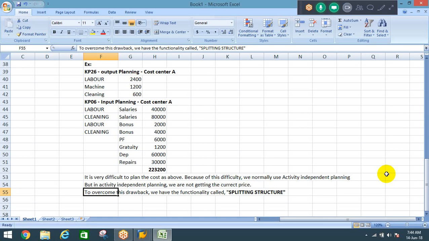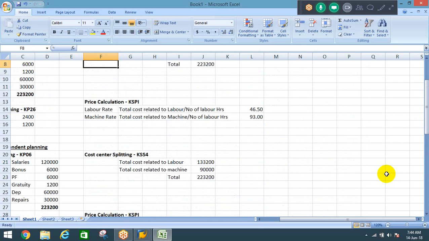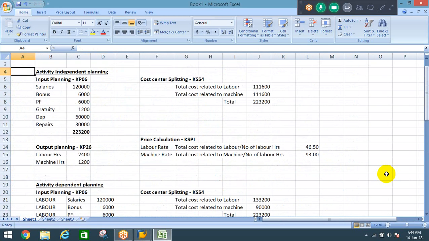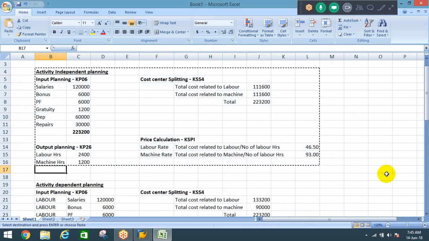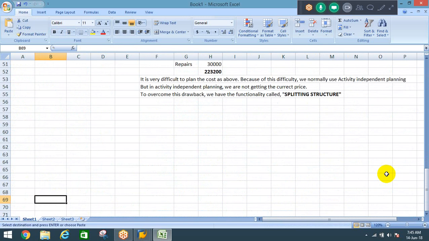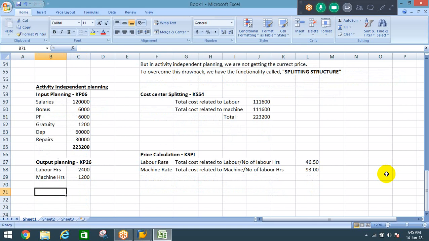So to overcome that, we have one functionality called splitting structure. System is not able to identify the activity types, so what we do is, we'll create one splitting structure.